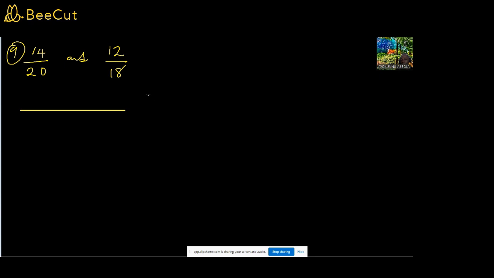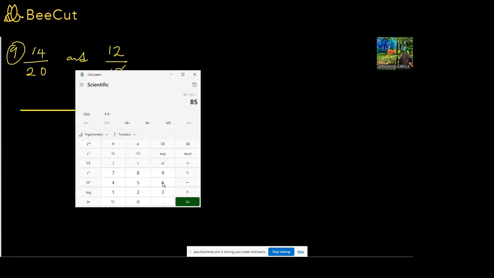Yes, sir. The main thing we have here is that 20 is not a multiple of 18, and 18 is not a factor of 20. So which multiple of 20 do you think 18 can also divide? Let's go for 40. 18 won't divide 40 perfectly. Let's go for 60. 60 divided by 18 will still give a remainder.